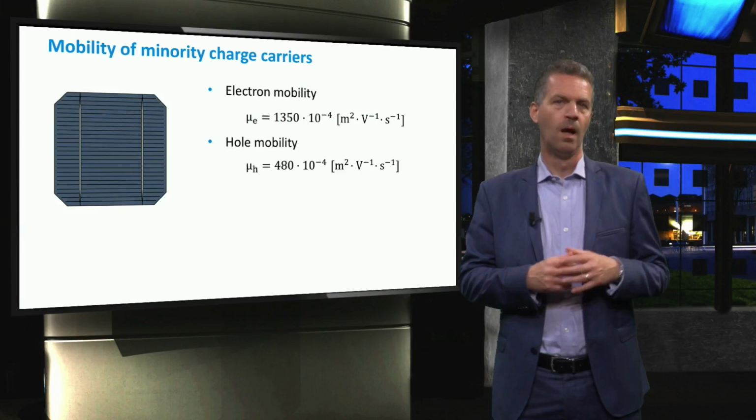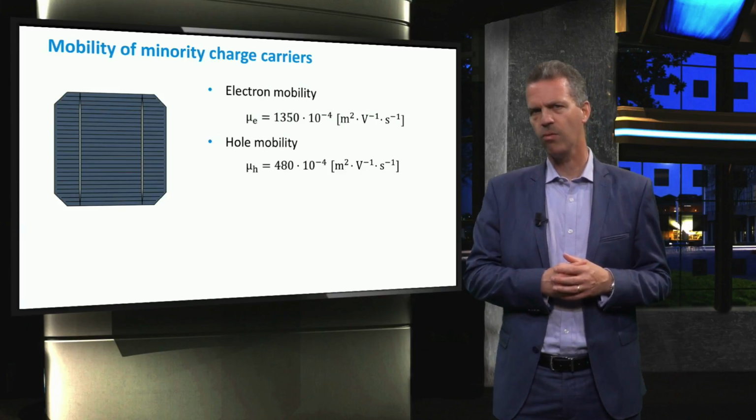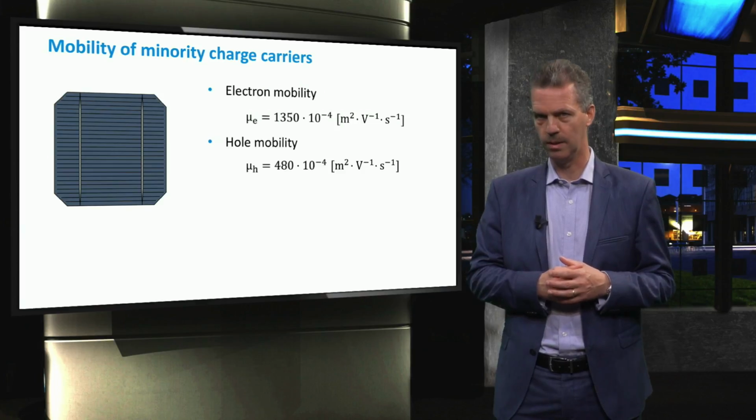We will now compare the electrical properties of P-type and N-type wafers. An important parameter here is the minority carrier lifetime, as this plays an important role in determining the photo-generated current density. The electron mobility in silicon at room temperature is about 3 times higher than the hole mobility.